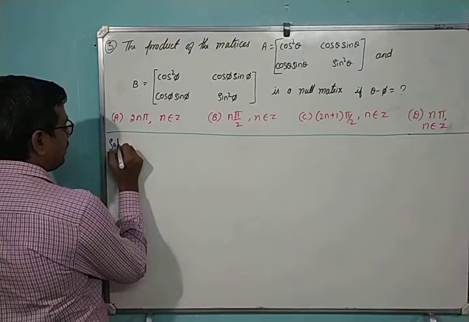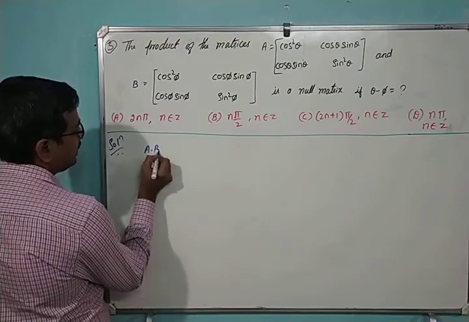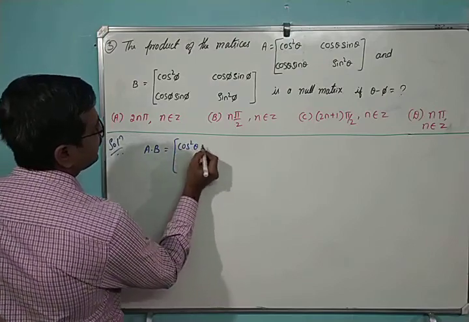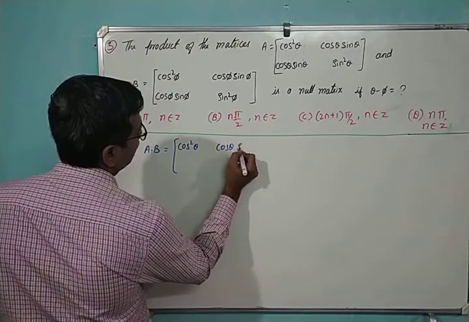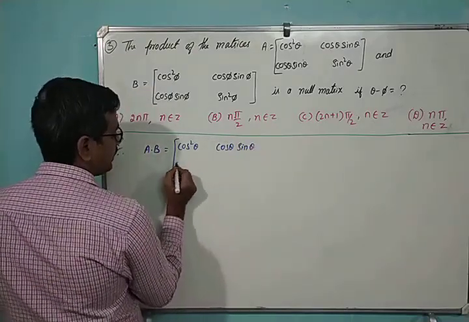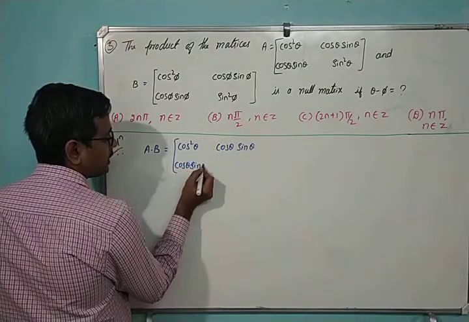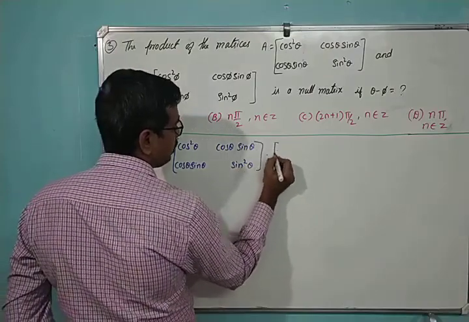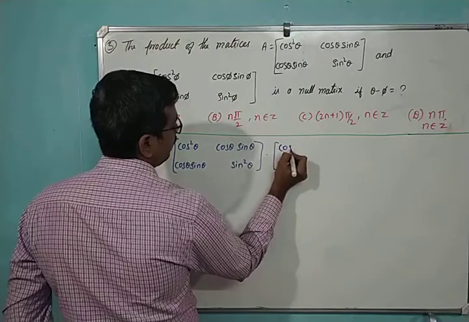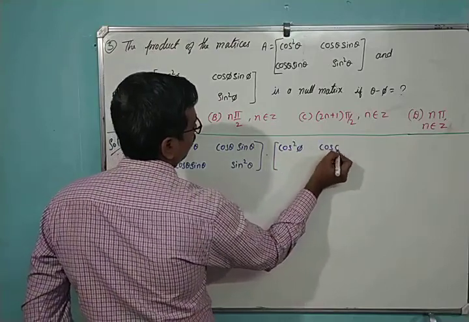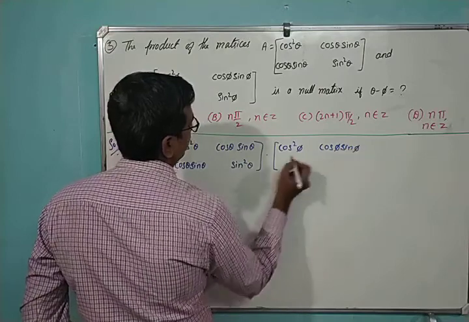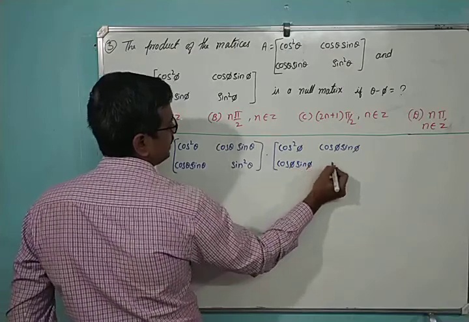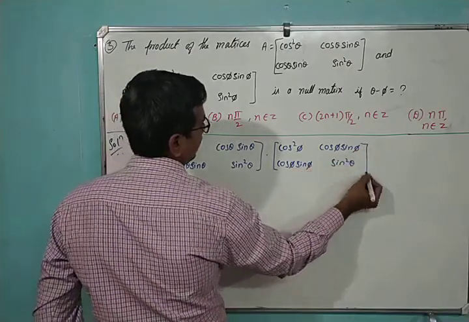So solution. A into B can be written as [cos^2 theta, cos theta sin theta; cos theta sin theta, sin^2 theta] into B, which is [cos^2 phi, cos phi sin phi; cos phi sin phi, sin^2 phi].